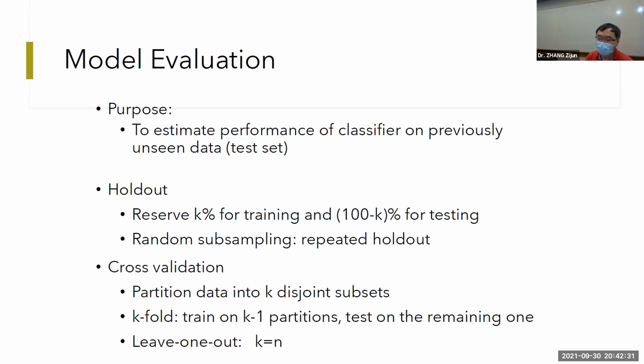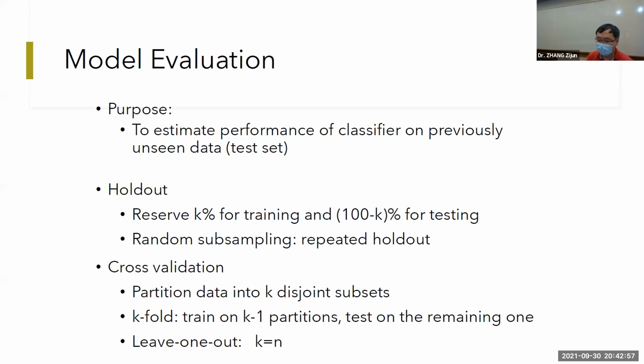Partition data into K disjoint subsets. These disjoint subsets are the folds. K folds means K disjoint subsets. And K-fold means we train on K-1 partitions, but test on the remaining one. And in some extreme case we call it leave-one-out.